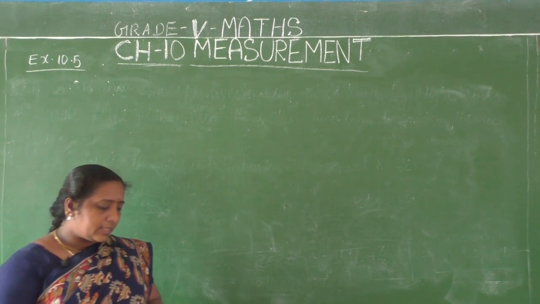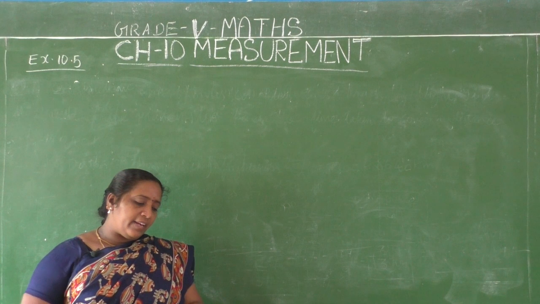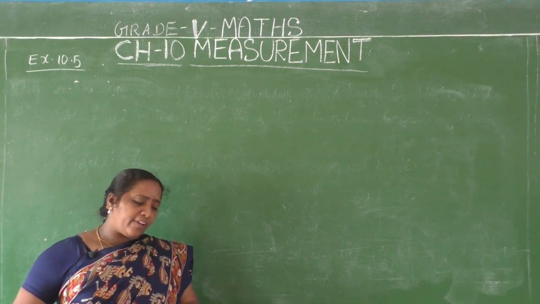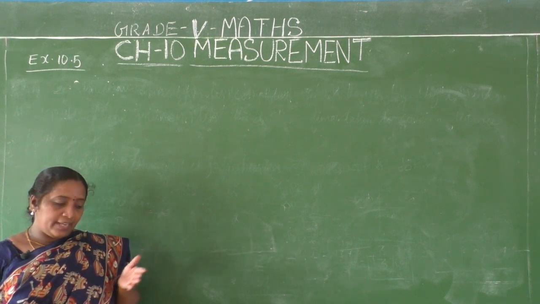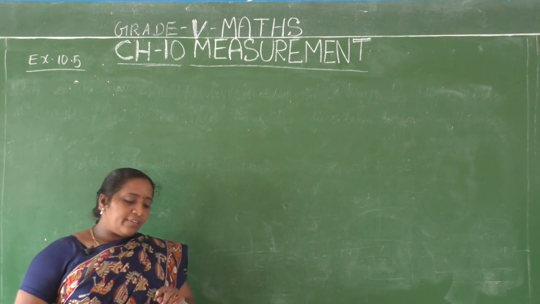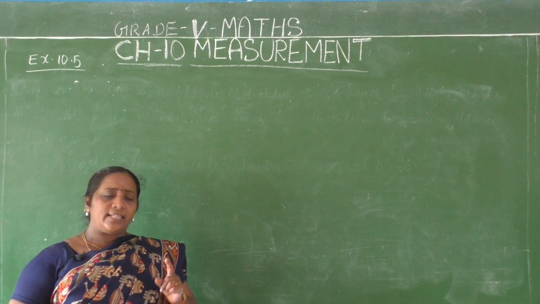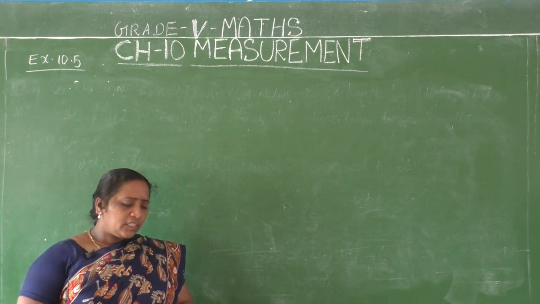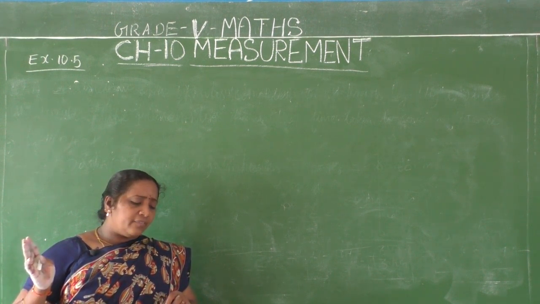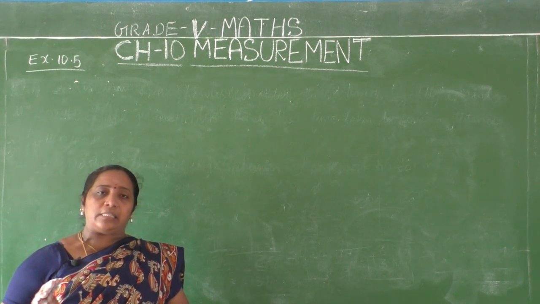Okay, listen. A car is traveling at the rate of 75 km per hour. That means the speed is 75 km per hour. Find the distance covered in 9.5 hours.